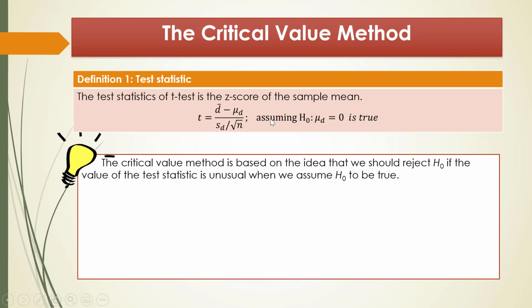The critical value method is based on the idea that we should reject the null hypothesis if the value of the test statistic is unusual when we assume that the null hypothesis is true.